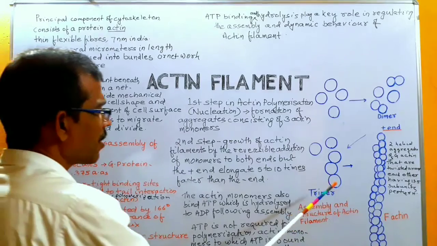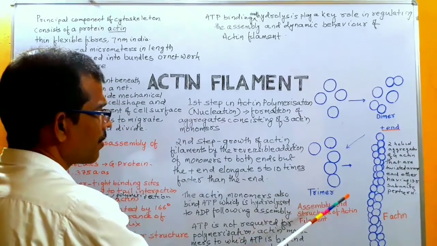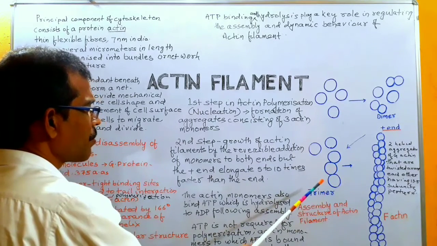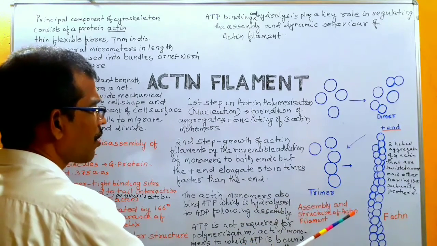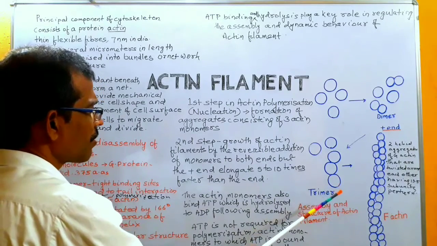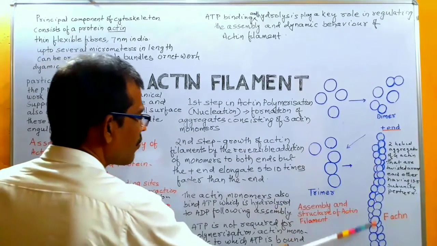So the binding and hydrolysis of ATP play a key role in regulating the assembly of microfilaments, or actin filaments. This also regulates the dynamic behavior of the actin filament.